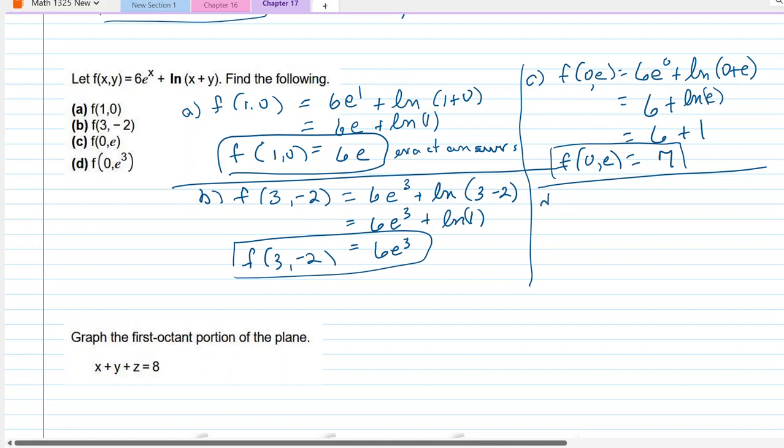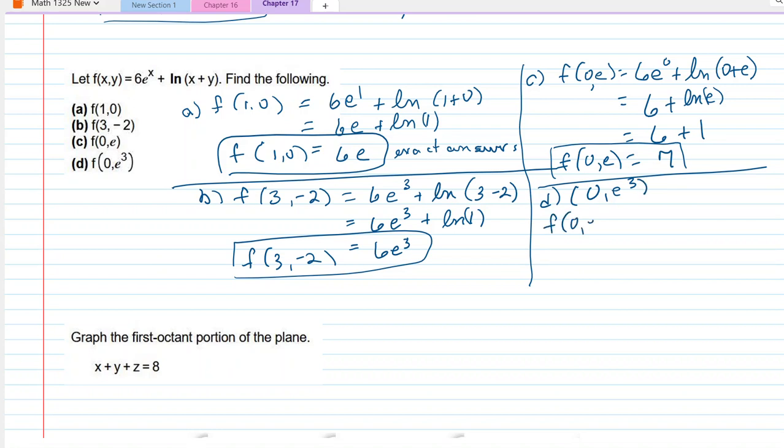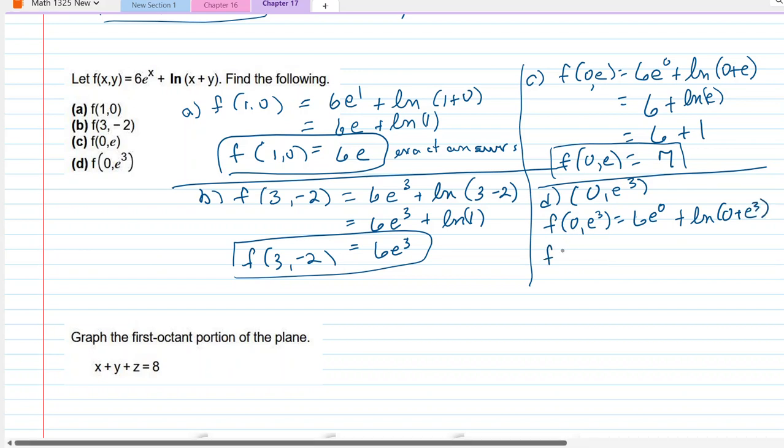Now my last one. This is 0 and e cubed. So I'm going to have f of 0 and e cubed equals 6e to the 0, I love that, and ln of 0 plus e to the 3. All right, so this is going to give me f of 0 and e to the 3 as 6 plus ln of e to the 3.